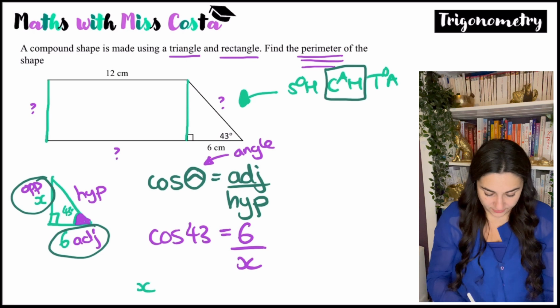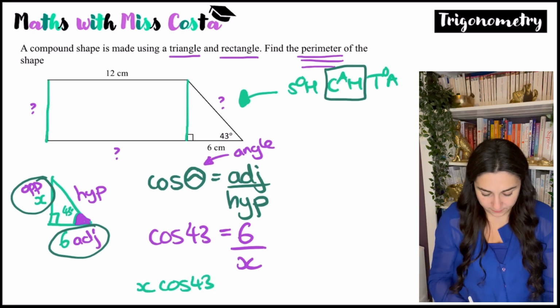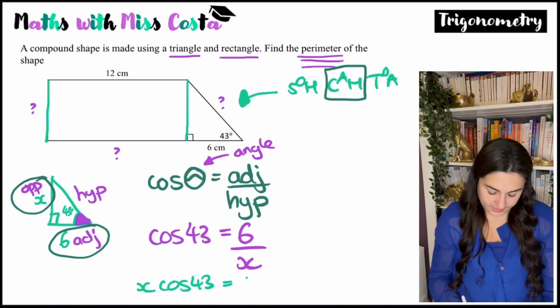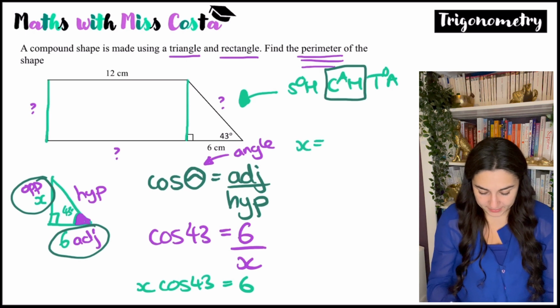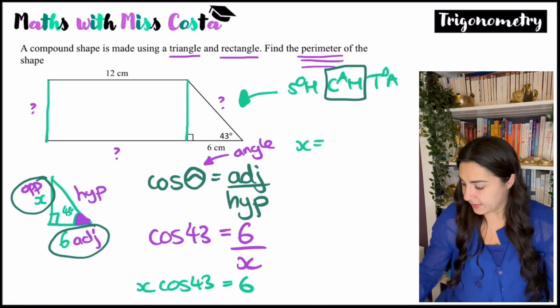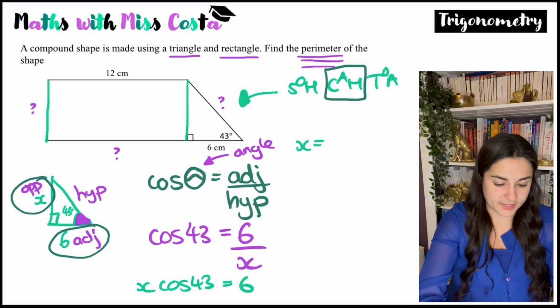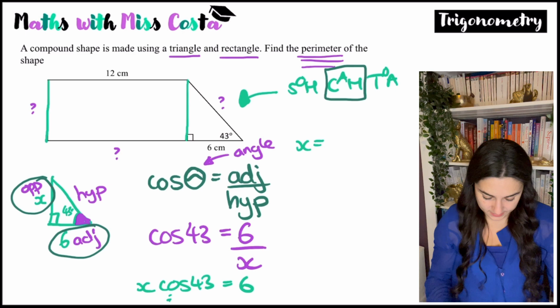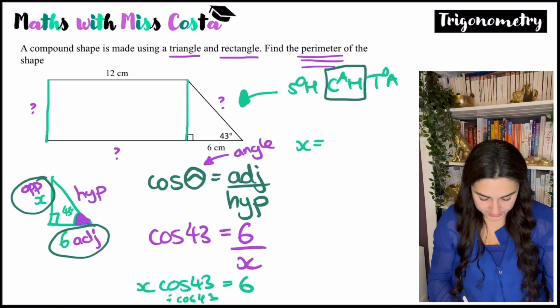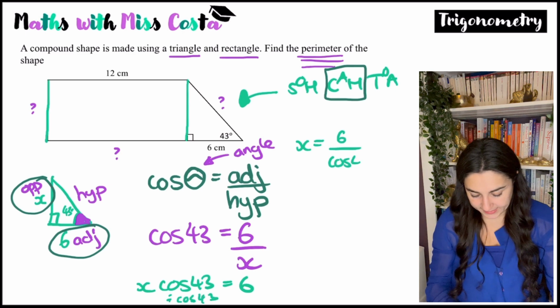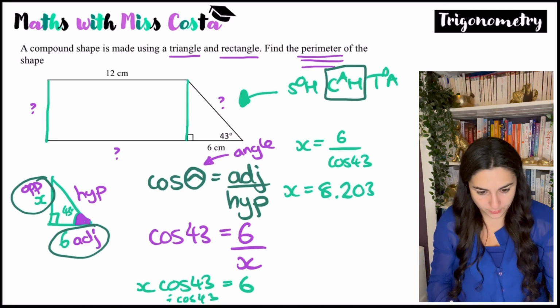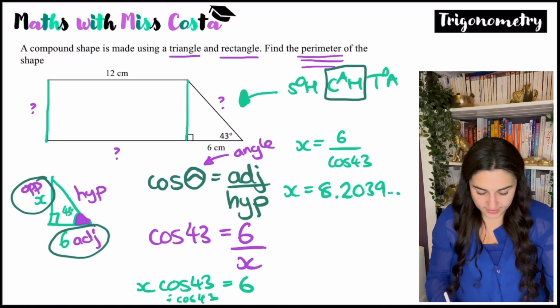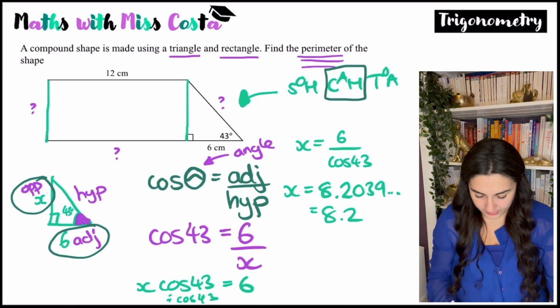I can rearrange that to give me x cos 43 equals 6, and therefore x must equal, if I divide both sides by cos 43, 6 over cos 43, and that gives me a value of 8.2039. So let's round that to 8.2.